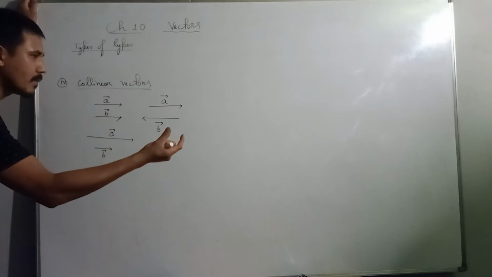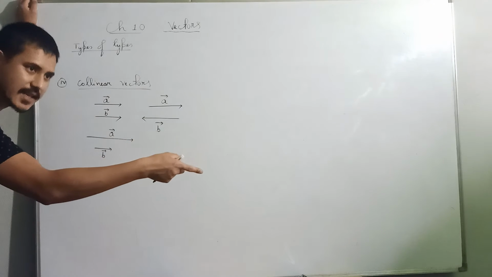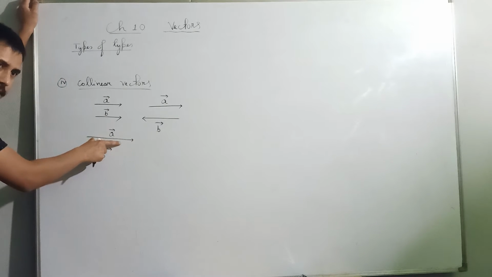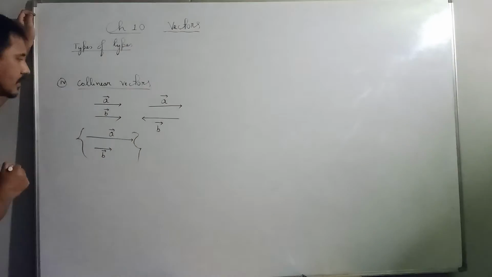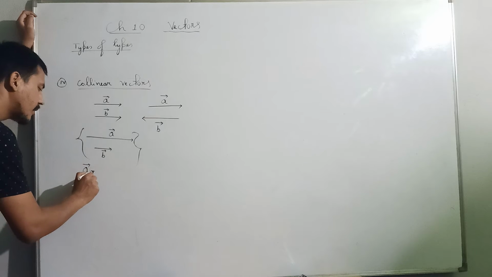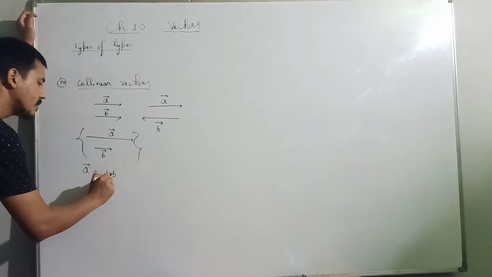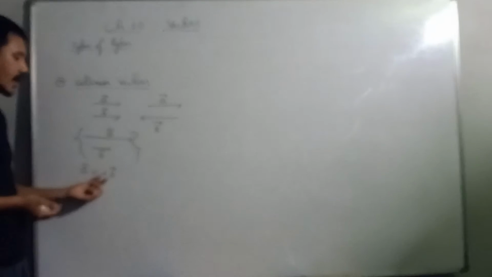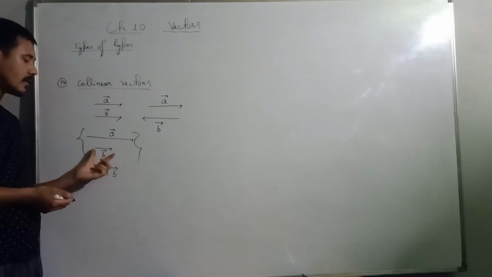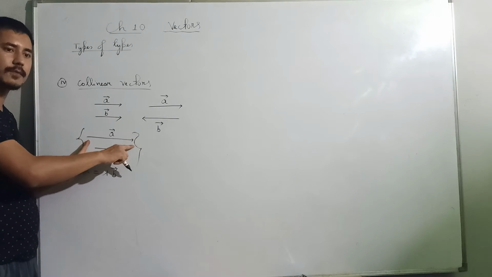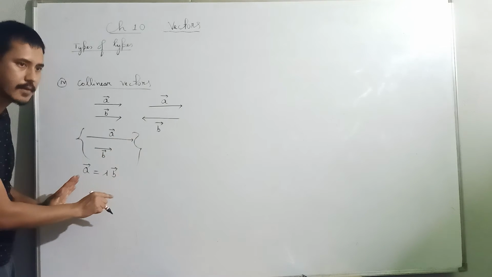Since B has lesser magnitude, you can multiply the magnitude of B with some scalar, then you will get the magnitude of A. So if these two are collinear, then you can write vector A is equal to lambda times vector B, where lambda is any scalar. Lambda is a scalar multiplying the magnitude of B, so it becomes equal to the magnitude of A, and they are in the same direction.